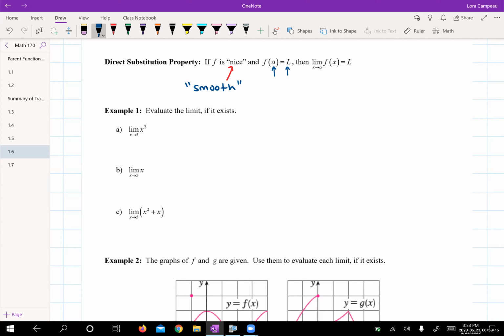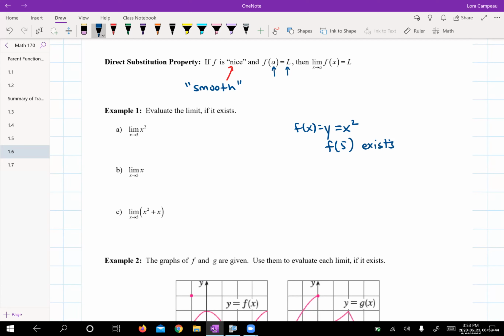If you think about what y equals x squared looks like, that's a very nice function, a nice parabola. It's smooth. We also know in a parabola that our f of 5 exists. Just a reminder, we have f of x equals y equals x squared.